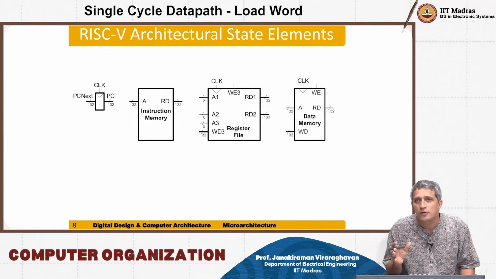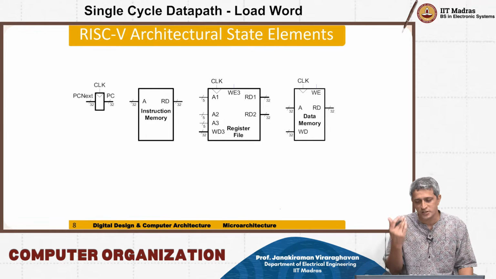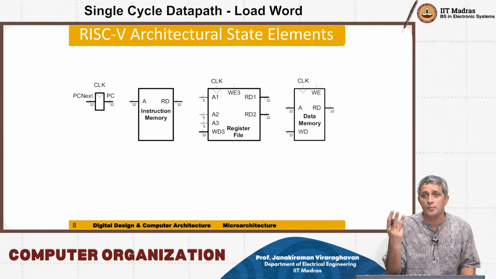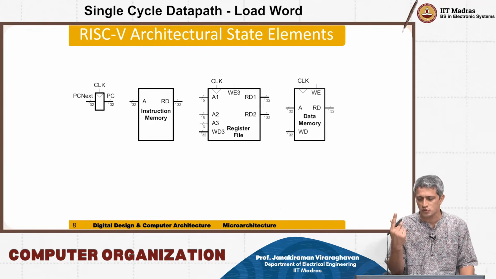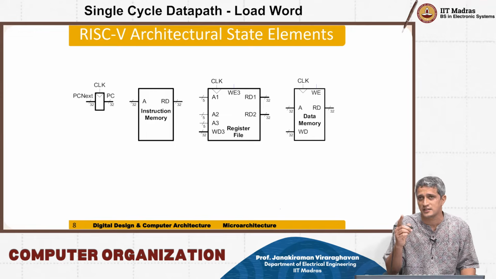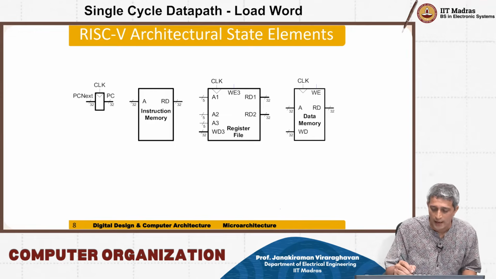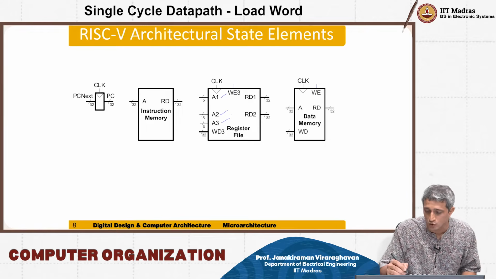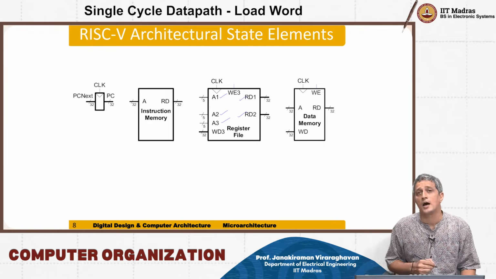Then there is a register file. There are 32 registers in the RISC V, and this is a 3-port register file: 2 read ports, 1 write port. That's why you have register addresses, each 5-bit, A1, A2 and A3. A1 and A2 correspond to the read ports, RD1 and RD2.